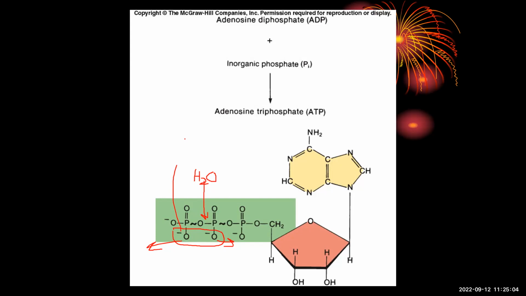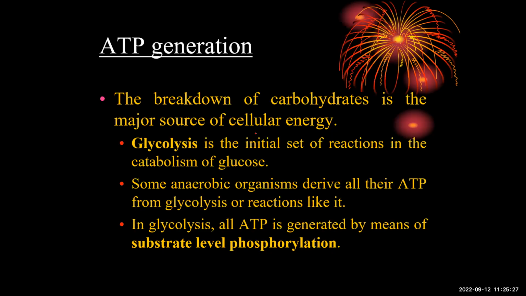The reactant is very high energy and the products have much lower energy, which makes this a very favorable reaction. By coupling the hydrolysis of ATP to ADP plus inorganic phosphate, you drive a lot of unfavorable reactions in cells.